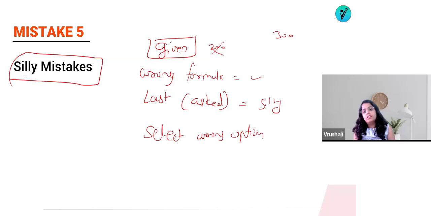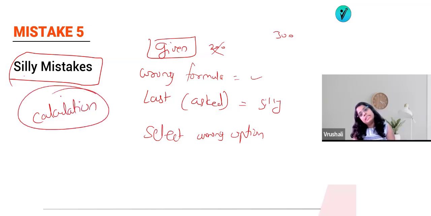Silly mistake. Or simply, sometimes in basic calculations, you make silly mistakes: in basic multiplication, addition, subtraction, division. You make mistakes in the basic tables, in the basic squares, you write the wrong things.